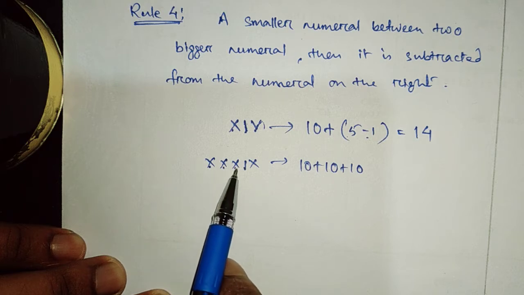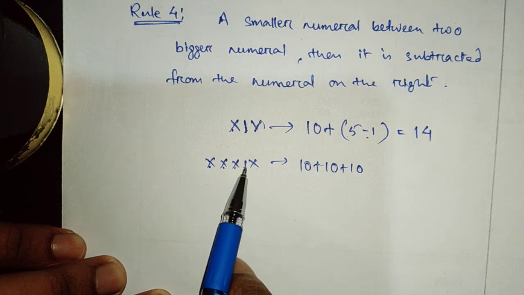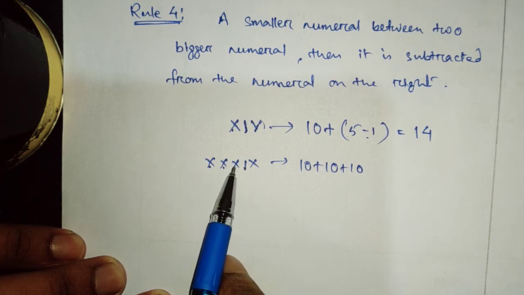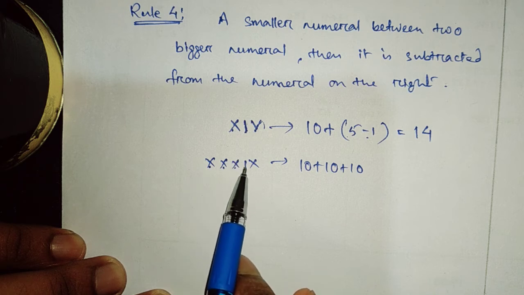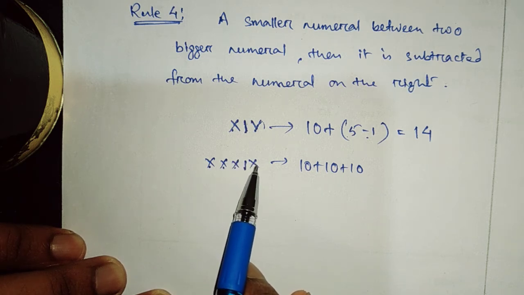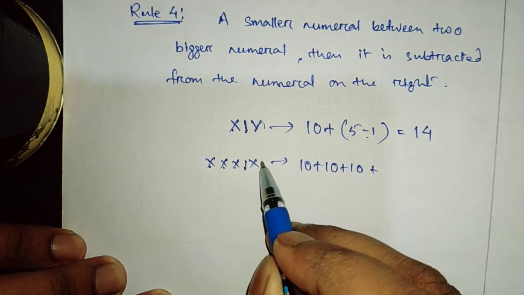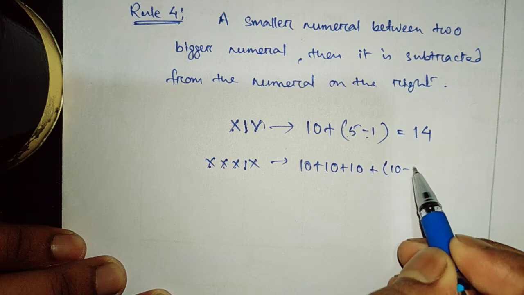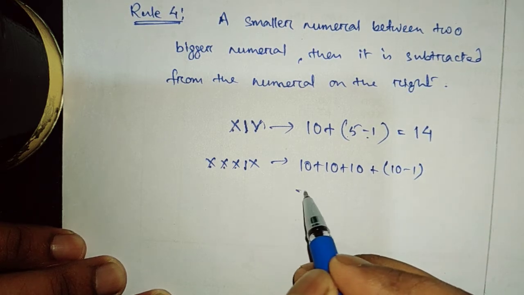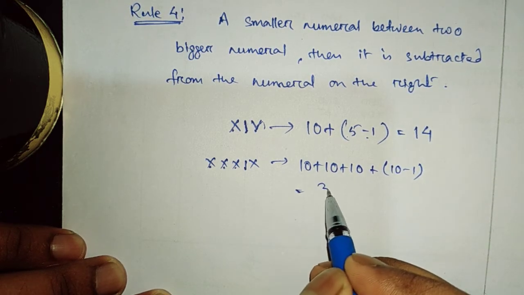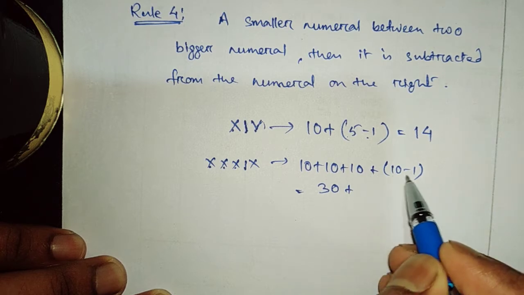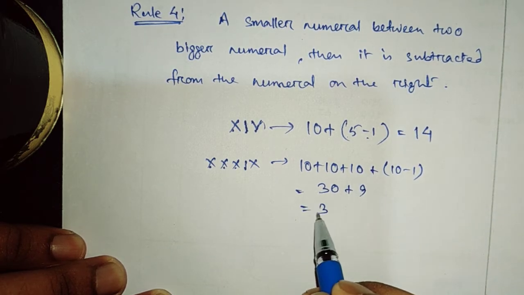The moment we see that I is there, 1 is not subtracted from this 30, but rather it will be subtracted from this 10. So this will be 10 minus 1. 10 plus 10 plus 10 is 30, plus 10 minus 1, which is 9, so 39.